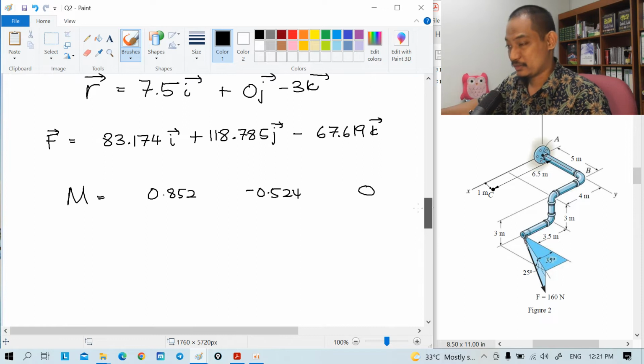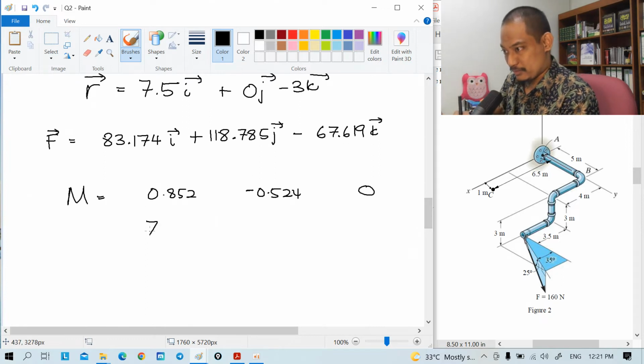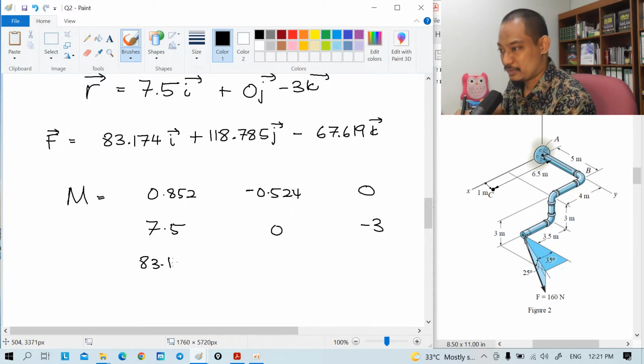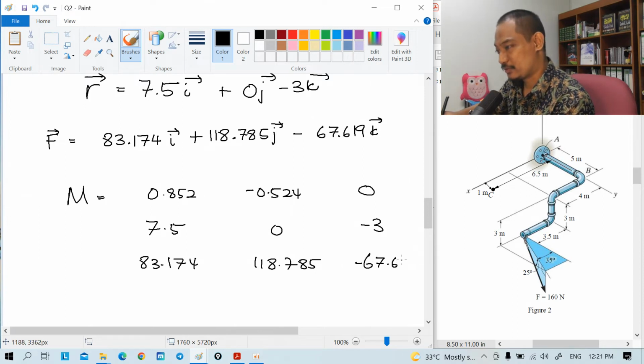And then the R, 7.5, 0, minus 3, and then the force 83.174, 118.785, minus 67.619. So this is the matrix.